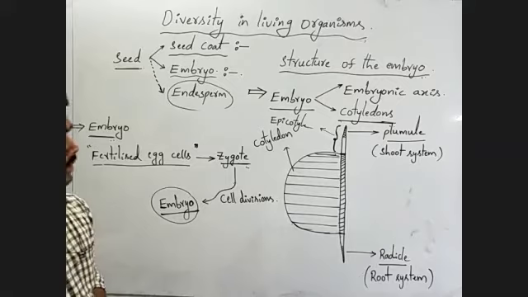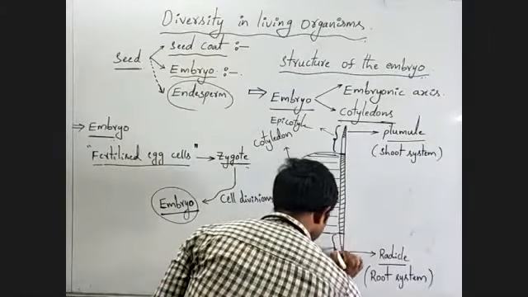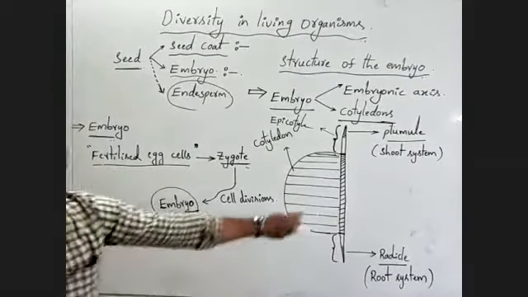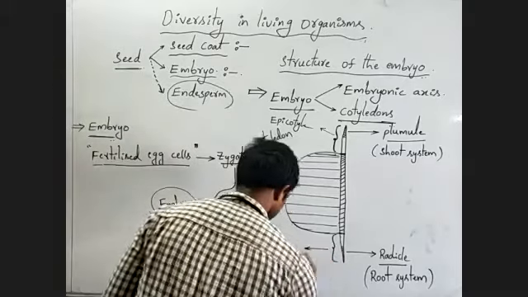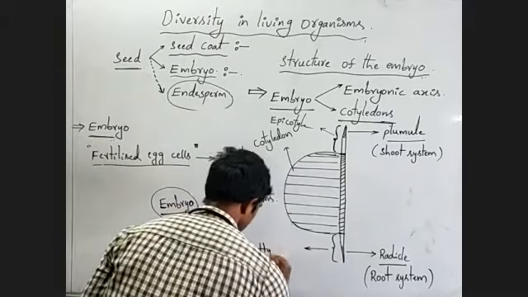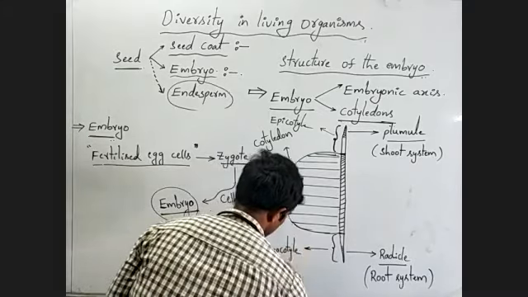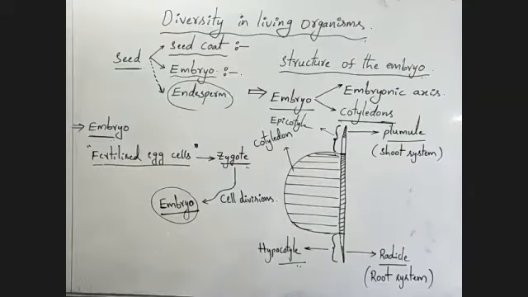Okay. Next, the region of the embryonic axis that is present below the cotyledon is called hypocotyl. So two important words. Observe one.